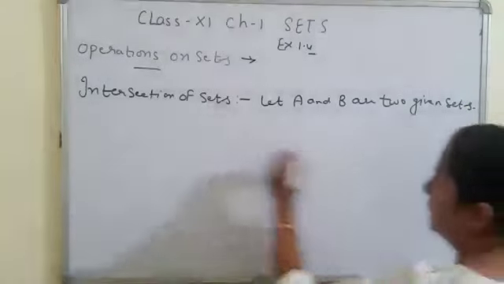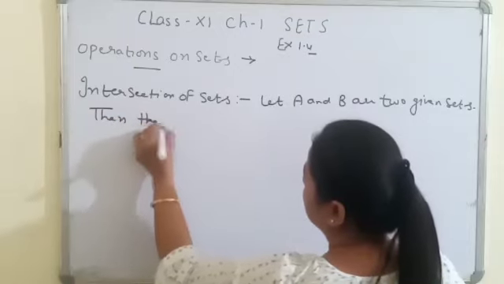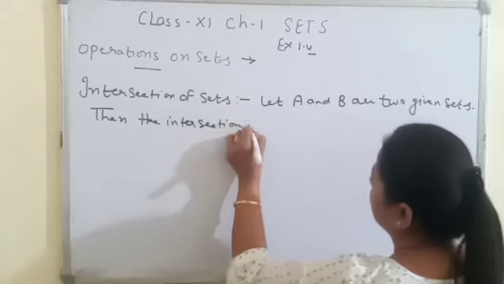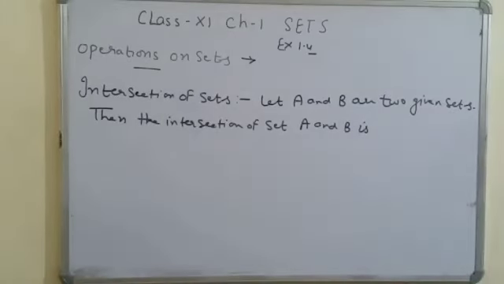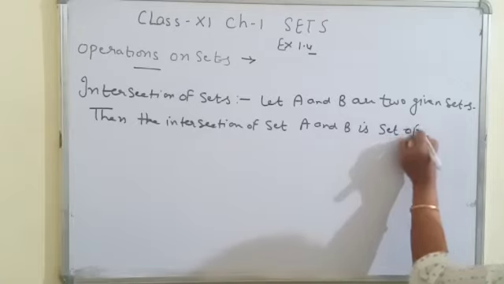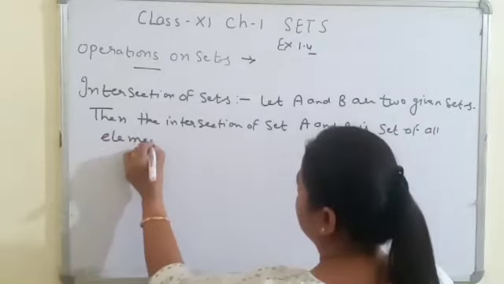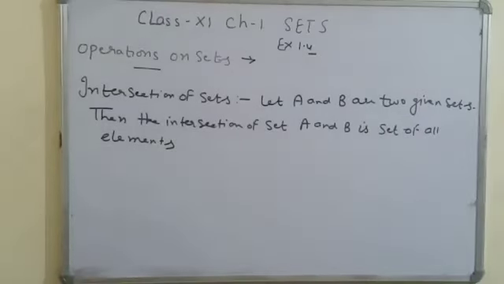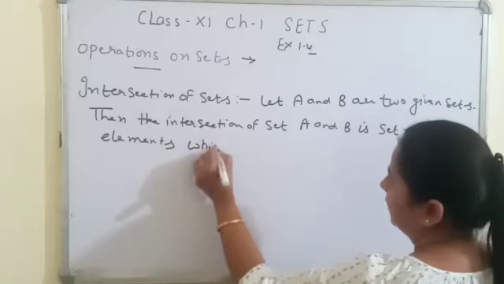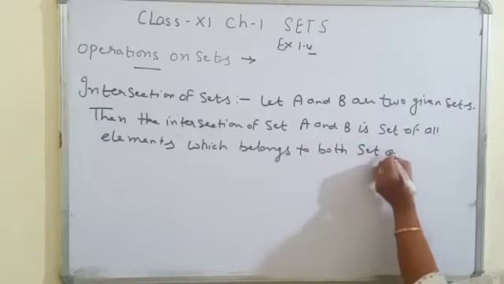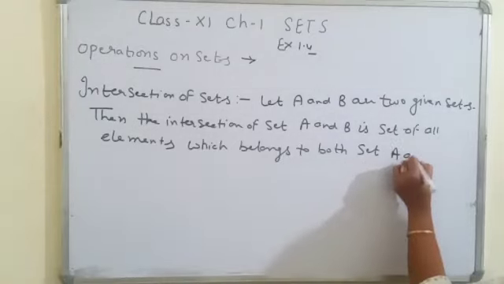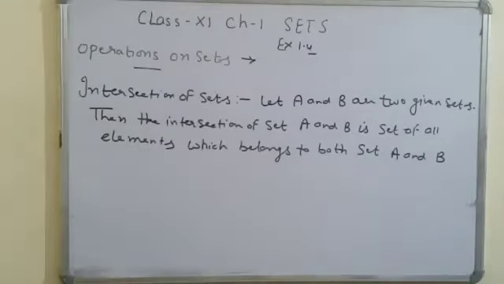Then the intersection of sets A and B is the set of all elements which belong to both set A and set B, or in other words, we can say that from A and B we take only their common elements.